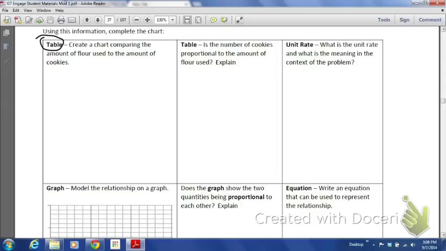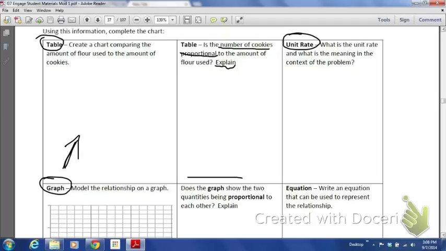Over here, you're just going to answer this question using the table data: is this number of cookies proportional to the amount of flour? Hopefully you know that answer already, but I want you to explain that there. Come up with a unit rate. Graph that model. Model that relationship on a graph using your tabular data.